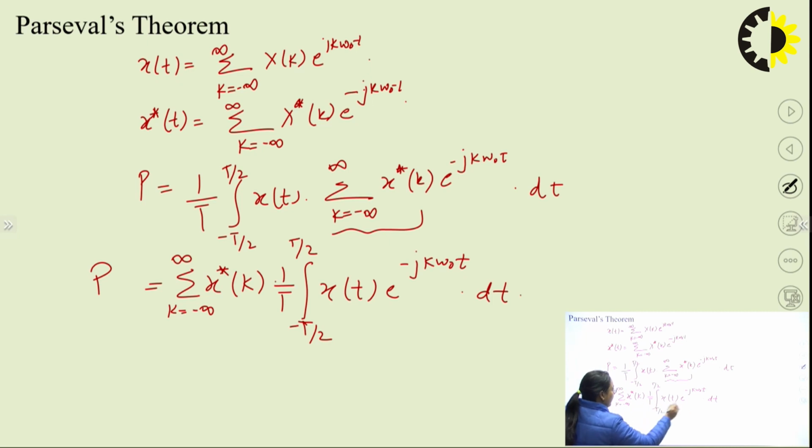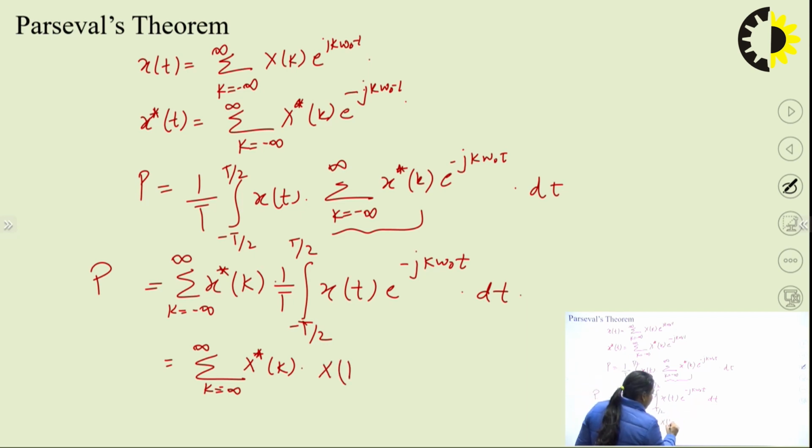So this value can be written as X_k. Here the summation goes from minus infinity to infinity, we already have X_k star, and this value is the Fourier series coefficient X_k.